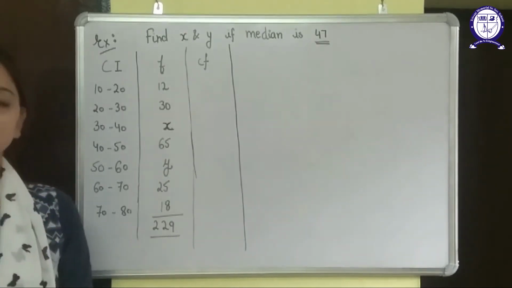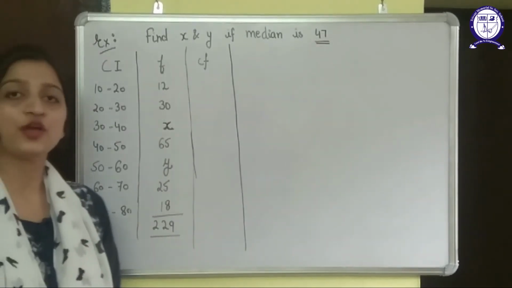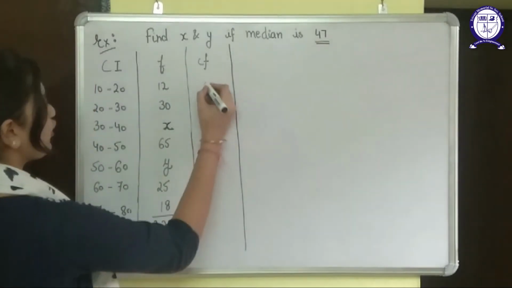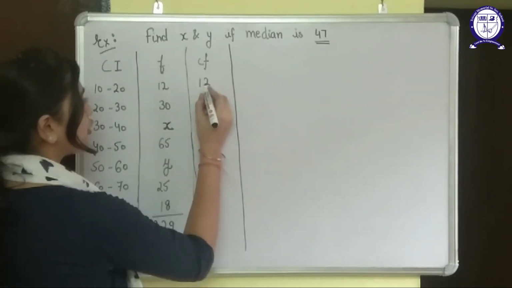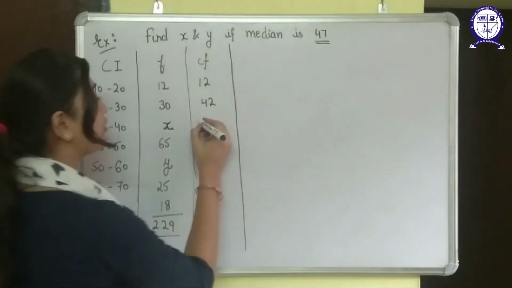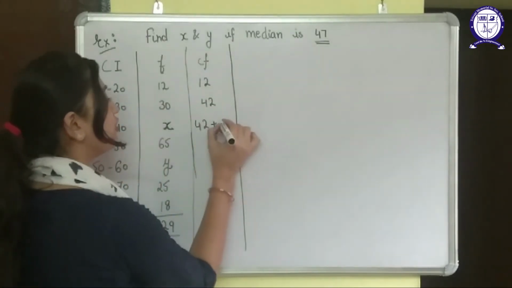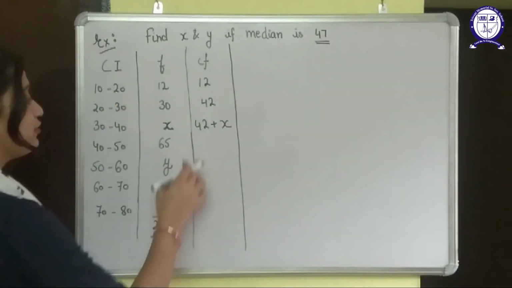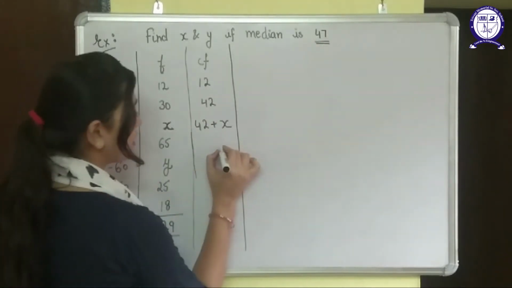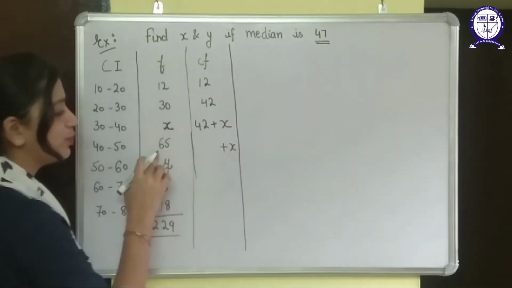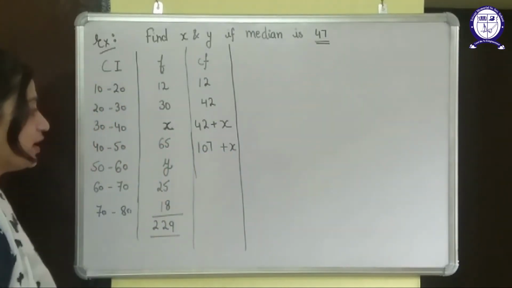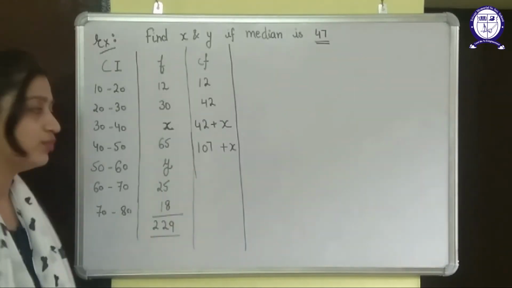So first of all, I am going to find the cumulative frequency because that is step 1 of median questions. So first of all, it will be 12. Then 12 plus 30, 42. Then 42 plus x. So it will be in the form of an algebraic expression. Then 42 plus 65 I can add, but I cannot add x. So my plus x will be as it is, and 42 plus 65 is 107. Then 107 plus x plus y, there is one more variable.